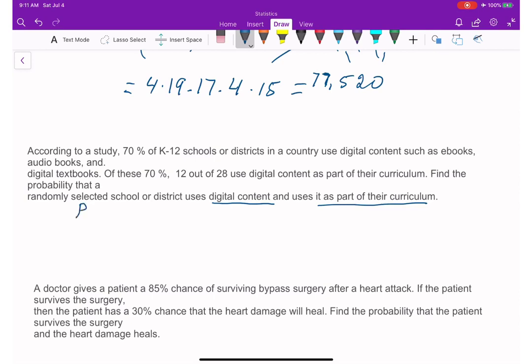So we need to find the probability of digital content, and this is the symbol of and, and part of their curriculum.